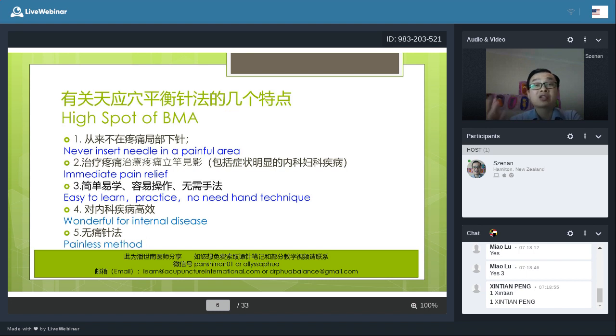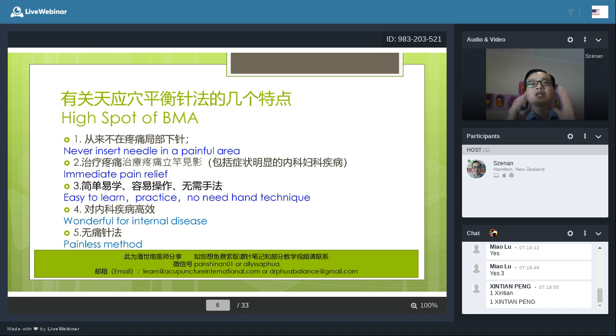So if the patient comes for lower back pain, you don't put needles on the lower back. You put needles on the hand or feet or head. You use distal points to present the results, to treat your patient. This is why we say never insert needles in a painful area.